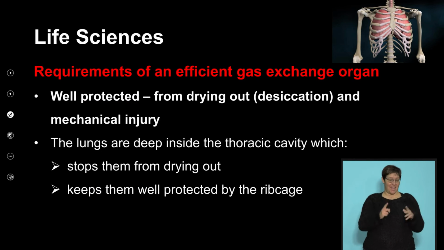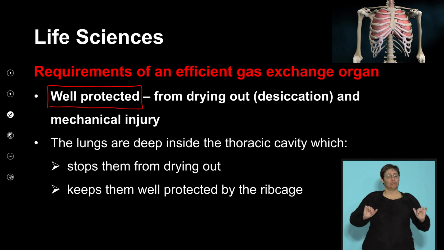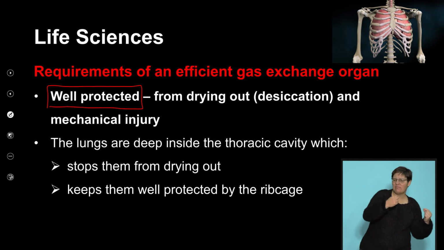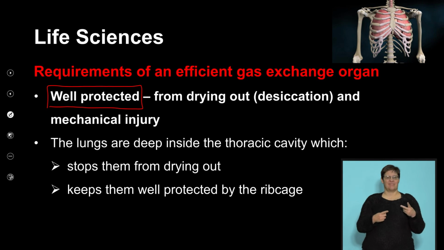All right, guys, the last requirement is this whole concept of a well-protected gas exchange system. And we definitely have a well-protected one. As we saw with a few of the other organisms, a leaf, the earthworm didn't really have one, and neither did the fish have a very well-protected one.